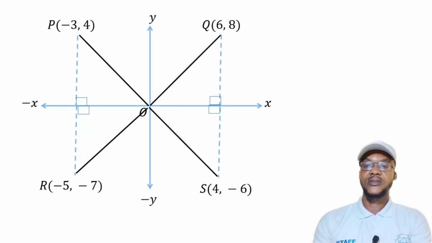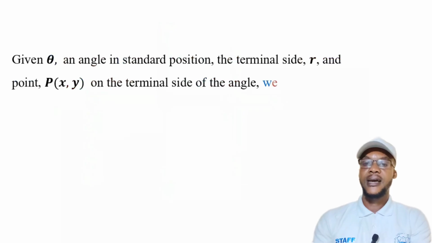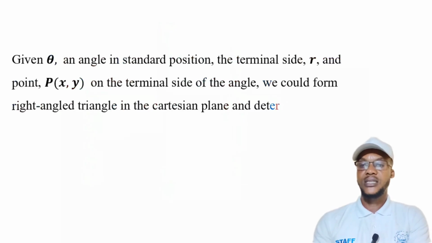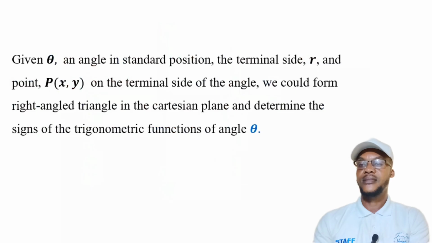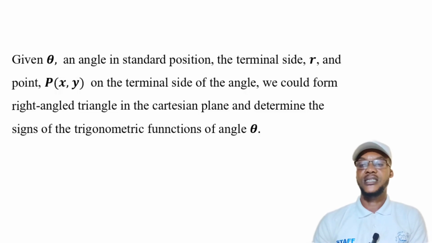So let's continue. Let's take this. We are saying that given a theta, an angle in standard position, the terminal side R and point P, which gives X and Y on the terminal side of the angle, we could form a right-angled triangle in the Cartesian plane and determine the signs of the trigonometric functions of angles.